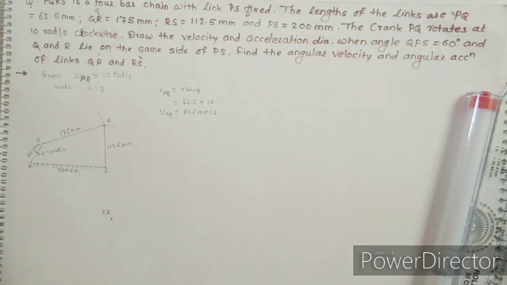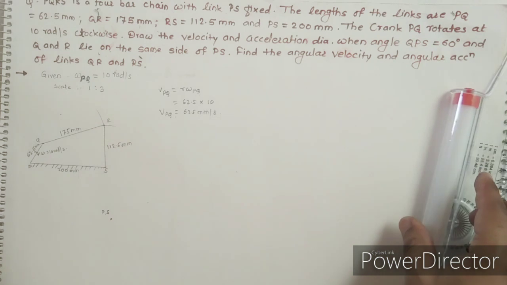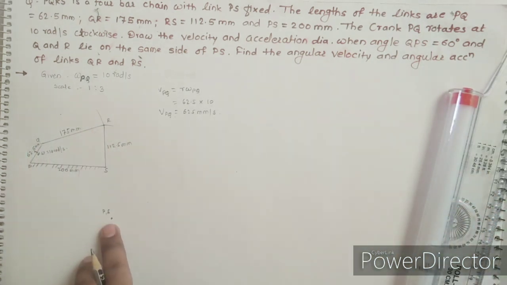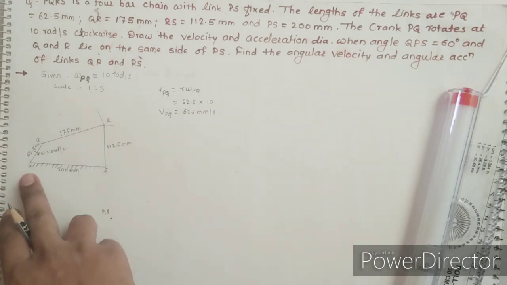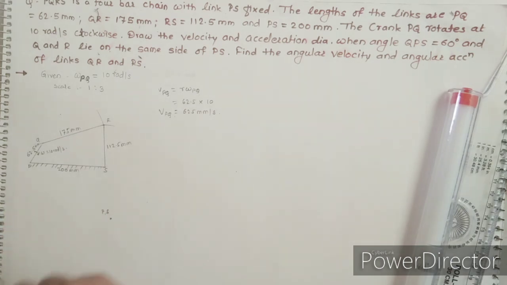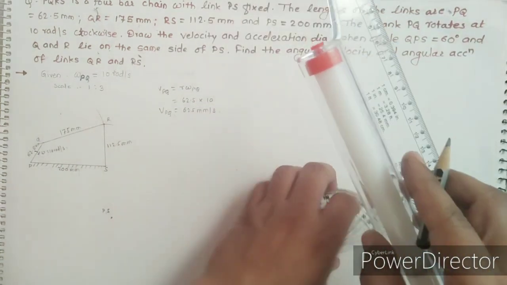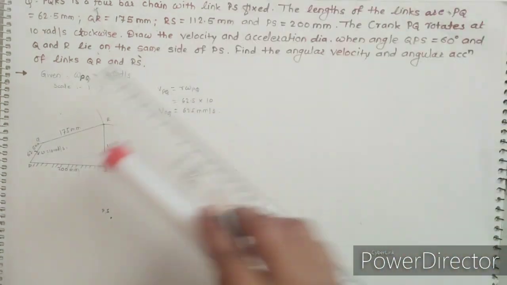Now you have to draw perpendicular lines to draw the velocity diagram, because the velocity is always perpendicular to the link. So first draw the perpendicular line to PQ.